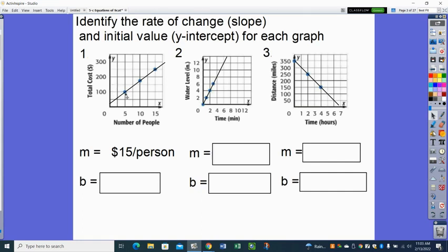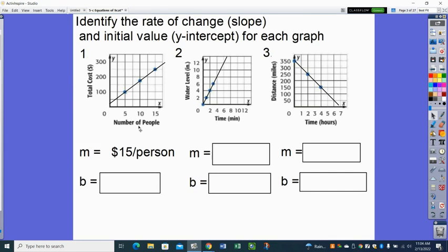So as I climb from this level up to this point, I would have to go 50, 100, 150. Now as I go to the right, I'm going from 5 to 15. 5 to 15 would be 10. So I have 150 for my rise and 10 for my run. 150 divided by 10 is $15 per person.